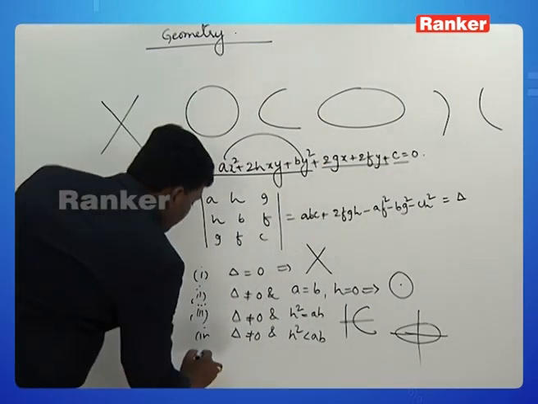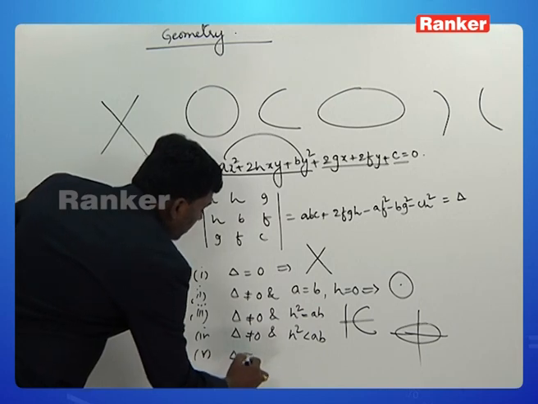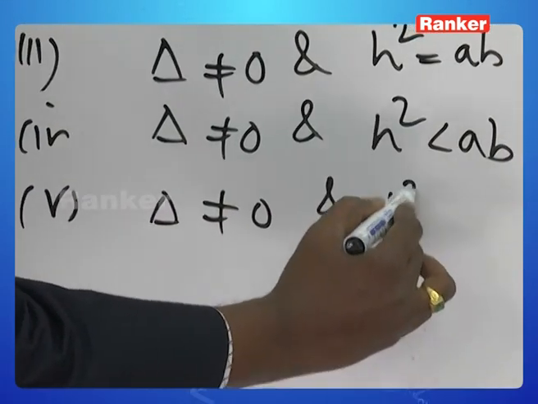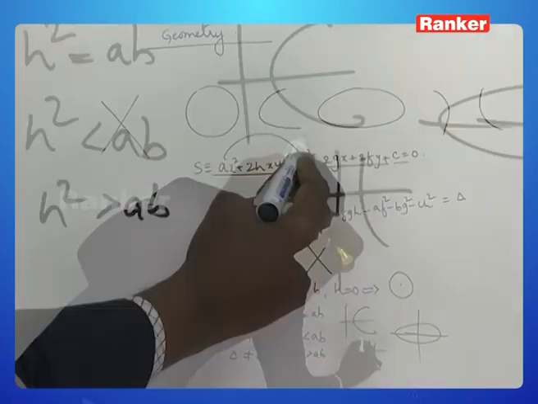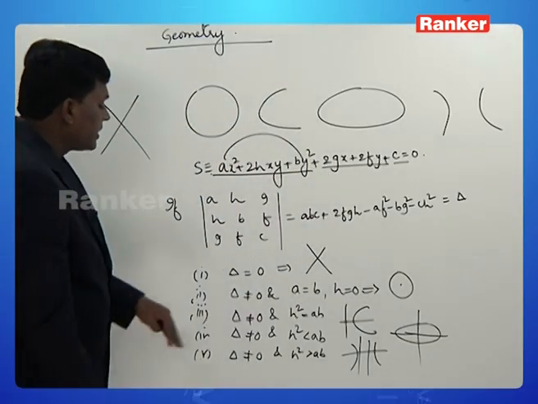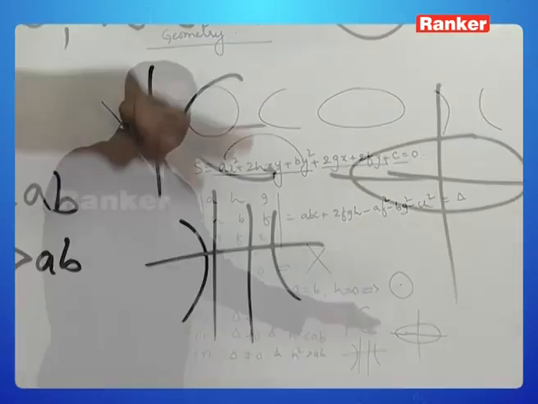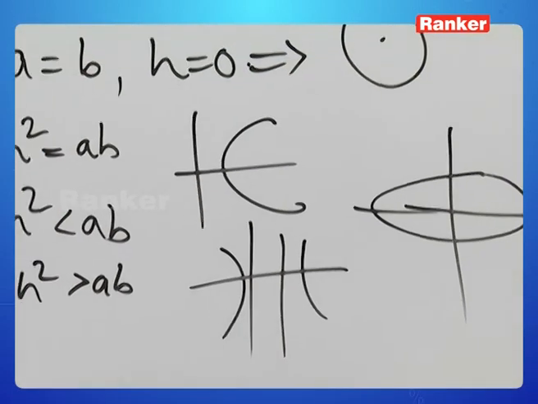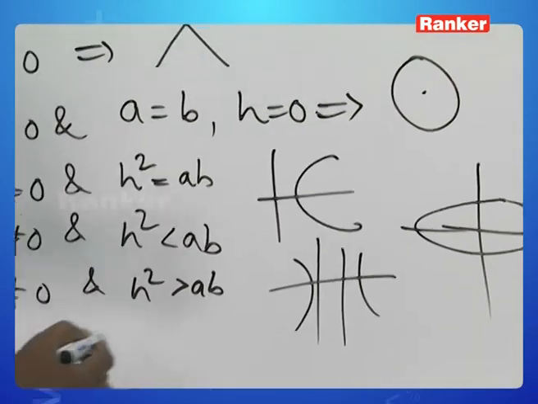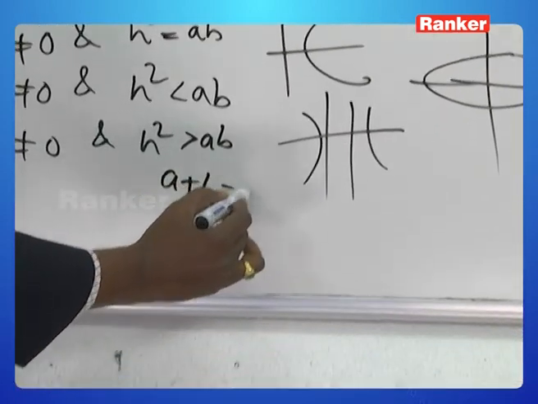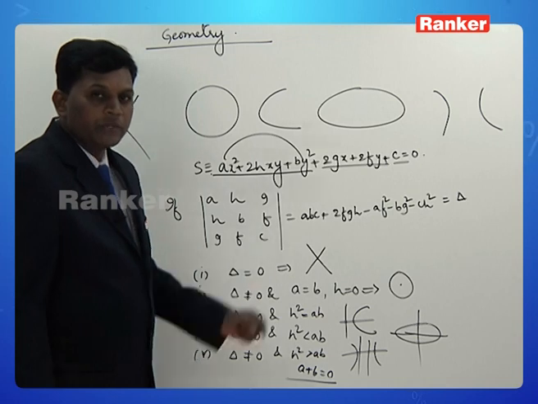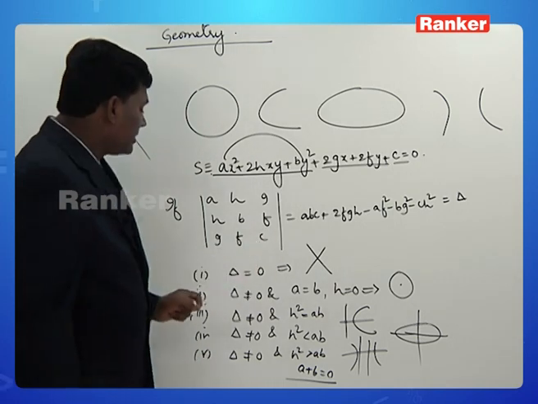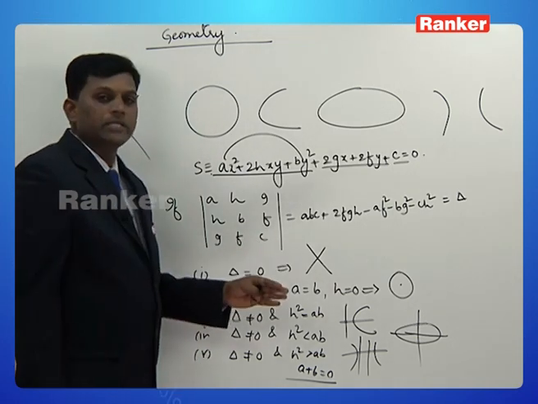And finally, delta not equal to 0 and h square greater than AB, it represents a hyperbola. We can have a special case of hyperbola which is called a rectangular hyperbola also, in which case we get the additional condition a plus b equals 0. We are going to derive all these chapter wise in detail.